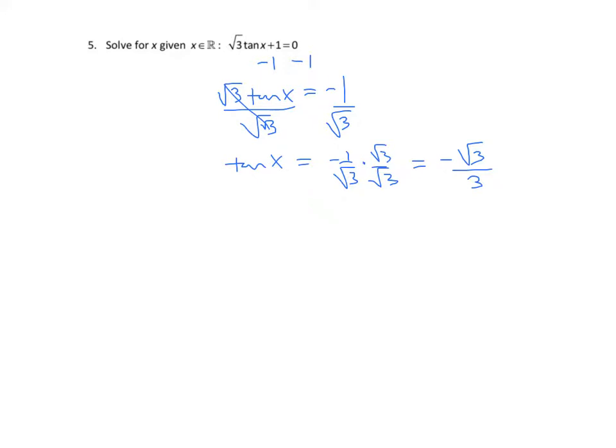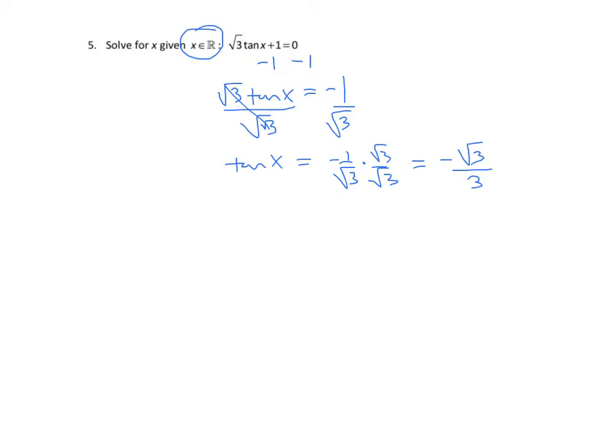So we want to find the angles that have a tangent value of negative radical 3 over 3. Now this time we're looking in all real numbers, meaning not just the unit circle, but all values of x that give us that tangent value. So first let's think about the unit circle where this happens.